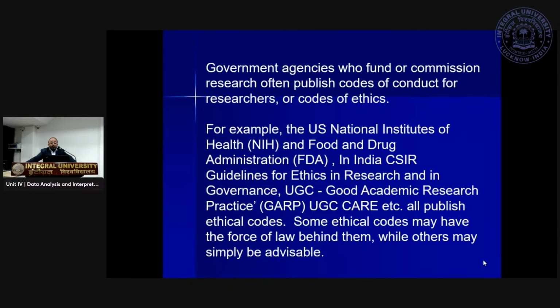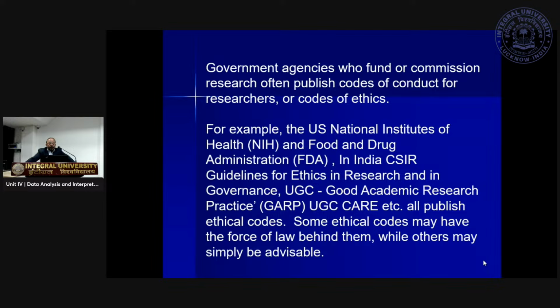Government agencies who fund or commission research often publish codes of conduct or code of ethics for researchers. For example, the US National Institutes of Health, NIH, have these points. It is clearly mentioned in their manual that you have to follow all these points. The Food and Drug Administration, FDA, also has these points.